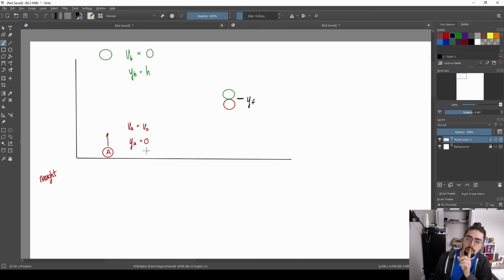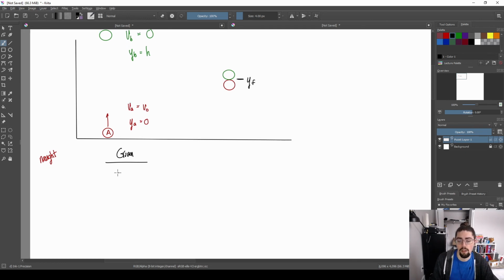Okay, so now we've got some of these things laid out, and what I'm also going to do is give myself a variable bank so that I can talk about these things with a little bit more ease and really keep track of what I know and what I don't know, because in problems where I'm only dealing with things purely symbolically, it's a little bit harder to tell when I have the variables and when I don't if I don't organize them somewhere. So what I'll say is I have v of a, well that's v naught technically, v of b is just 0.